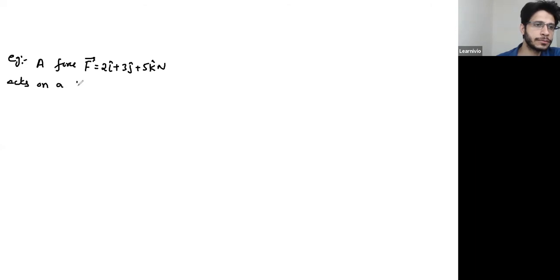Let's do one more example. This will use the dot product. A force F equal to 2i cap plus 3j cap plus 5k cap Newton acts on a body.